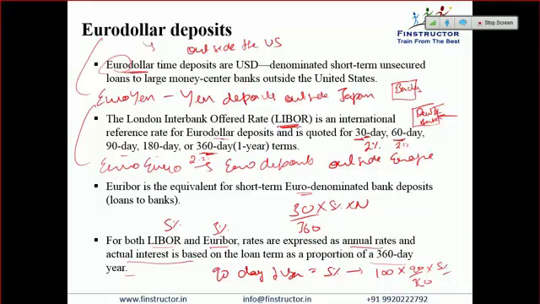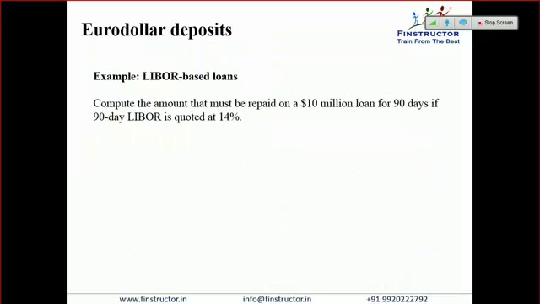So we'll do it with an example and understand the concept. Compute the amount that must be repaid on a $10 million loan for 90 days if the 90-day LIBOR is quoted at 14%. So the rate will always be annualized.